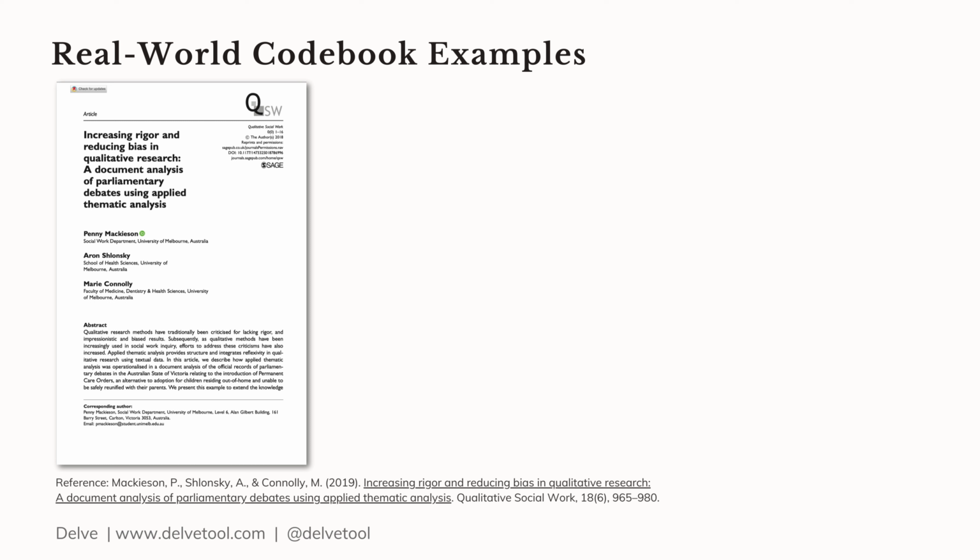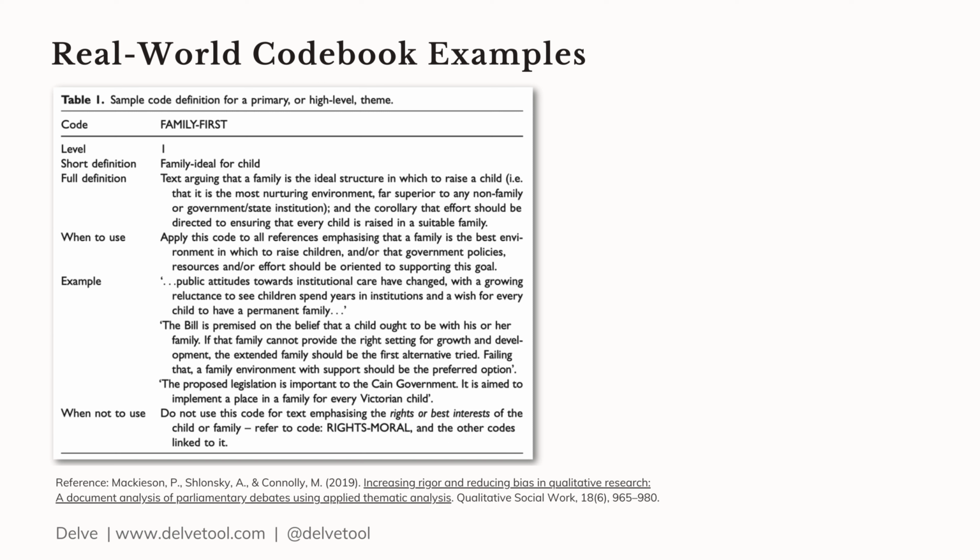In a 2019 study, Mackey's son showed how thematic analysis can be used to uncover valuable insights from complex datasets. The team applied a document analysis of Canadian parliamentary debates focused on child rearing. In Table 1 of the codebook, the team provides a sample code definition for a high-level theme, family first. This is meant to highlight an opinion that the family is the ideal setting to raise a child.